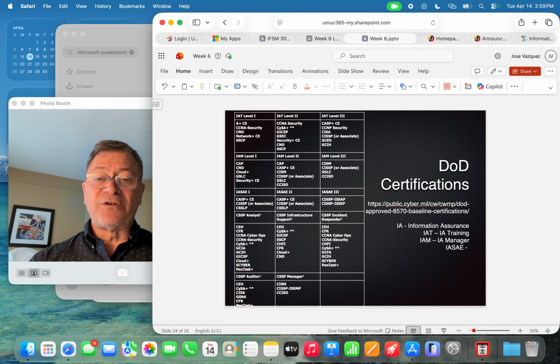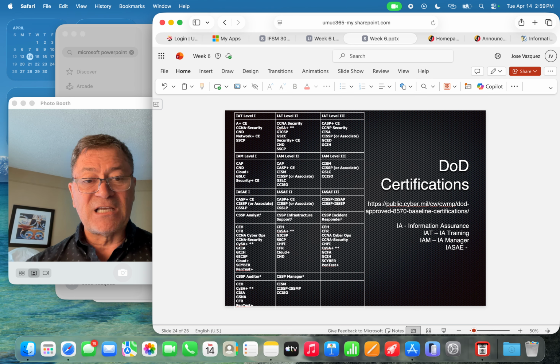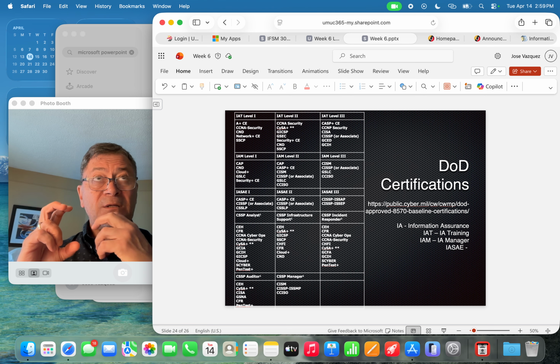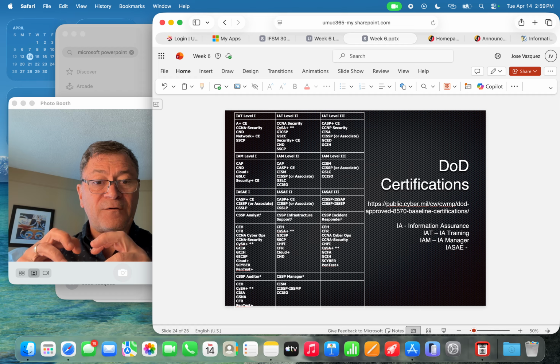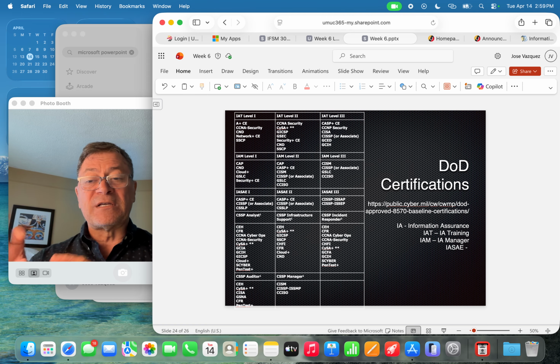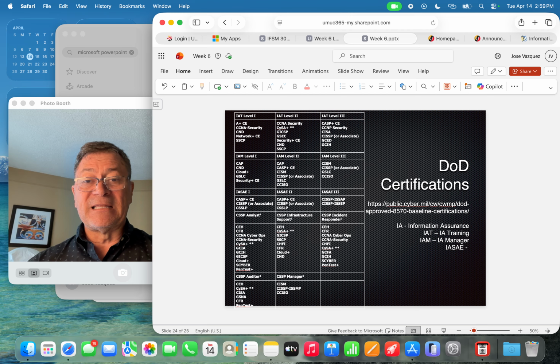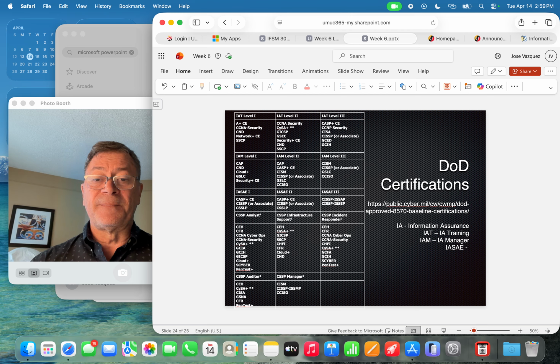This is DoD certifications, the approved 8570. I've been told that they have changed the nomenclature of DoD 8570. If you type DoD 8570 certifications, you'll see lists like this. They're constantly changing.